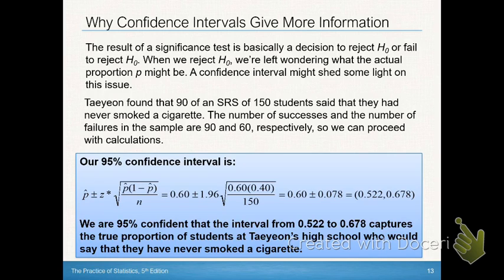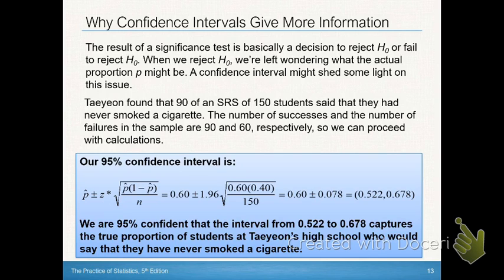So in this example, we're making a confidence interval for the proportion of people that said they had never smoked a cigarette in this sample that this student did. And we end up with a confidence interval of 0.522 to 0.678.